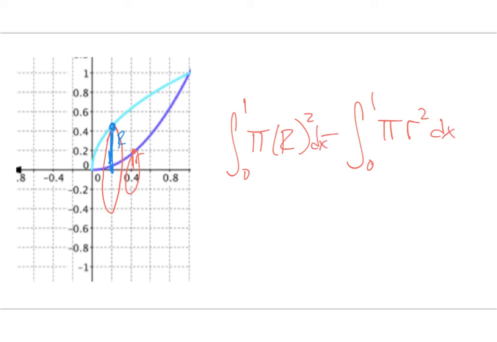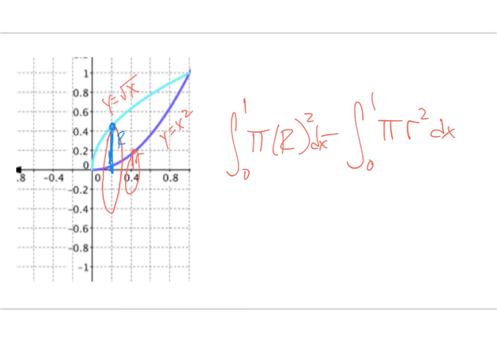So then our last trick is figuring out what our r values are. And I can't quite tell, but it looks like these are the functions. Let's call this square root of x and y equals x squared, because they look pretty symmetric. So I think that's a pretty reasonable guesstimate for those.